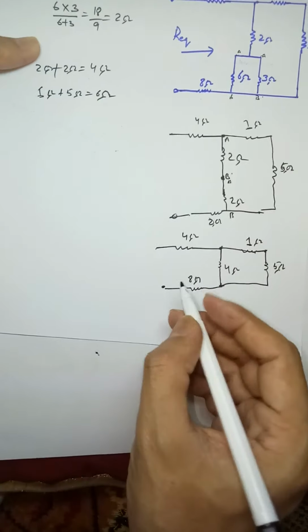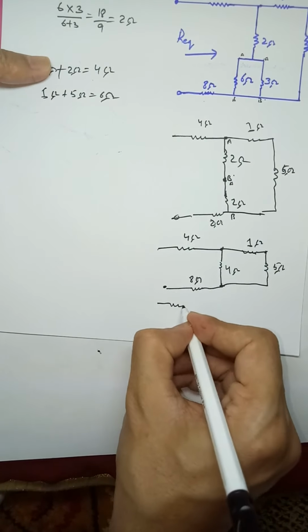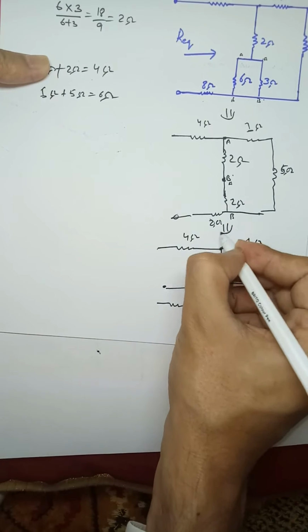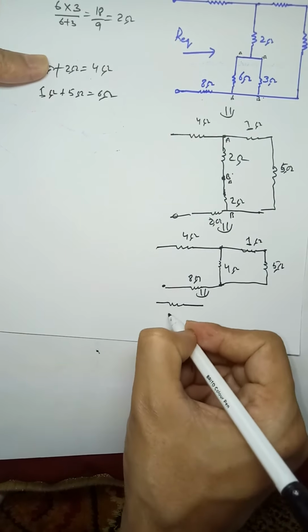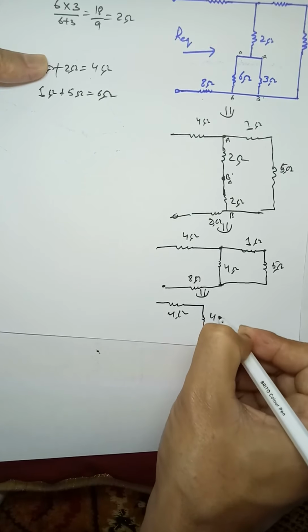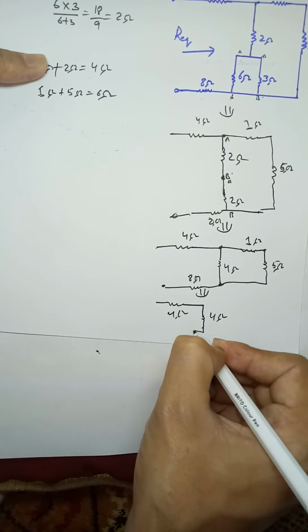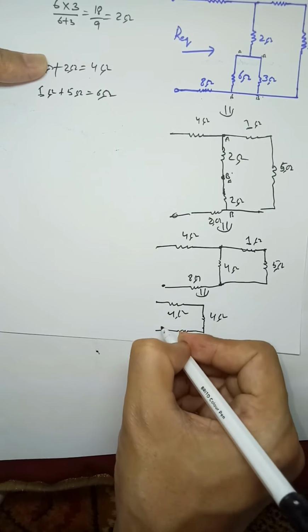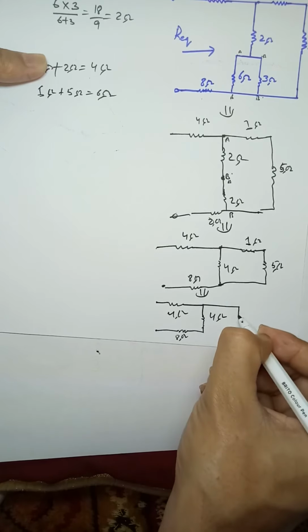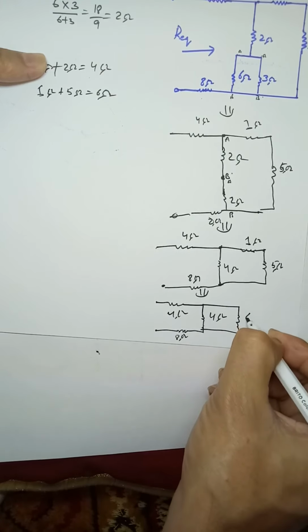So now the reduced form of the circuit will be like this. We reduce this to this, and now 4 ohm and 4 ohm, this is 8 ohm, and now we have 6 ohm.